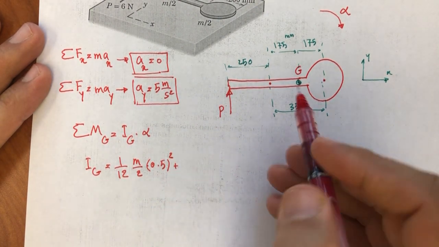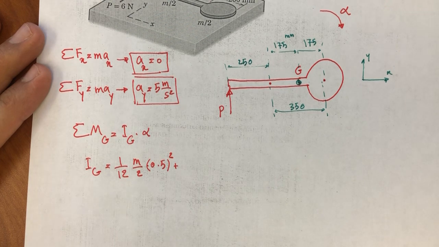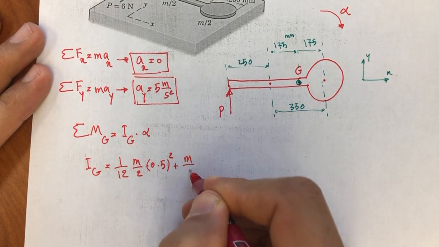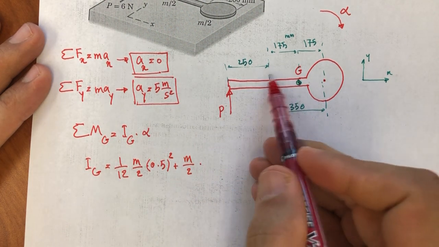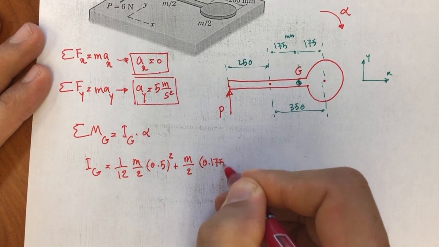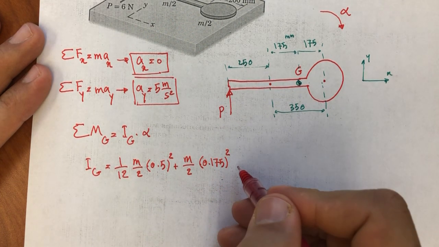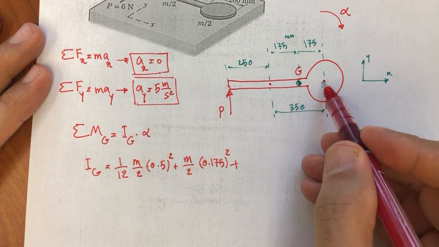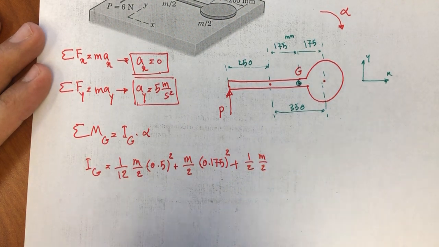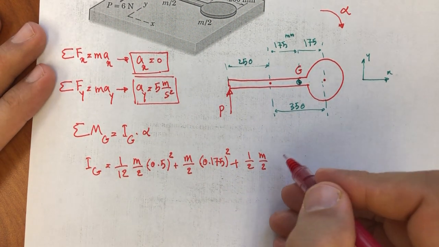Then we need to add mass times distance squared to find the mass moment of inertia of the rod about G. Mass is equal to m divided by 2, and the distance is 0.175 meter squared. For the disk, the mass moment of inertia about the center of it is 1/2 of the mass of it times the radius of it squared.